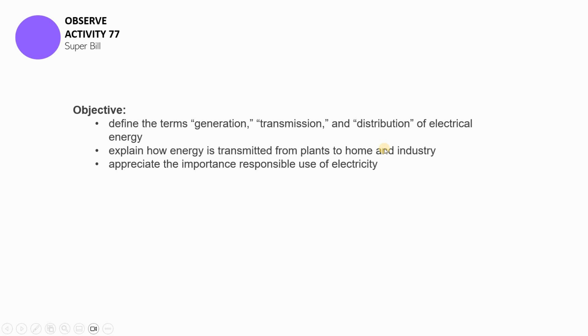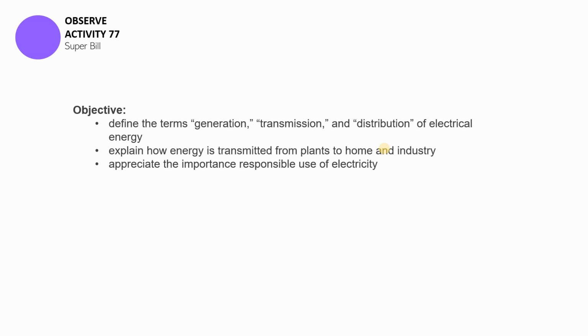Okay, so the objectives of this activity are as follows. The first one is that you should be capable of defining the terms generation, transmission, and distribution of electrical energy. I know that we defined them earlier, but in this case, we are going to do it through an activity so that we can refine your definition.